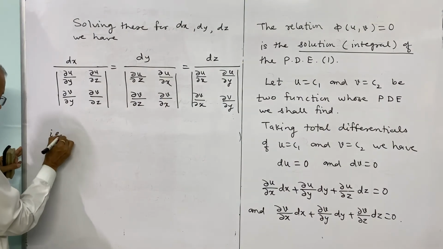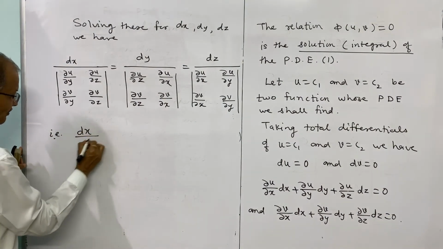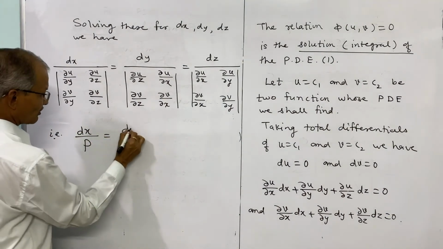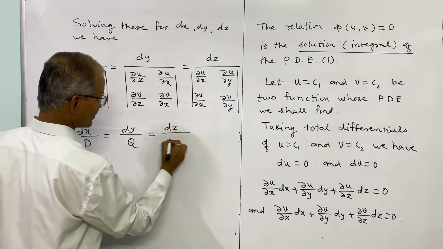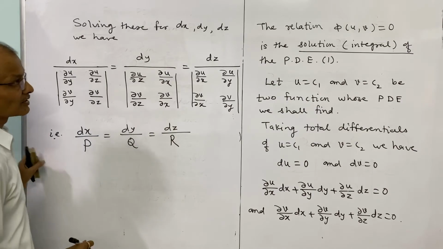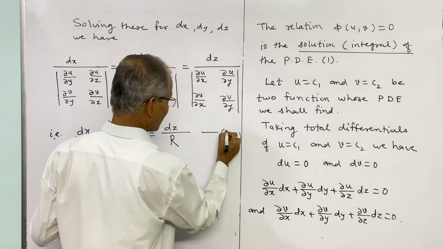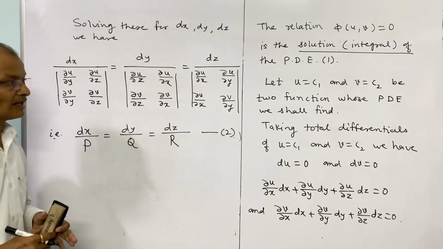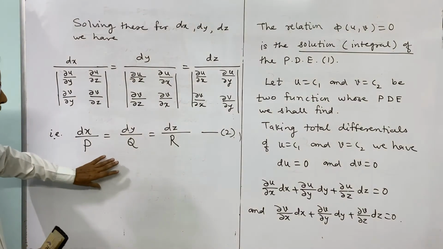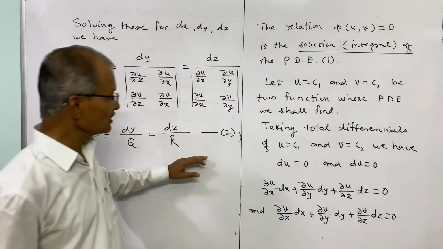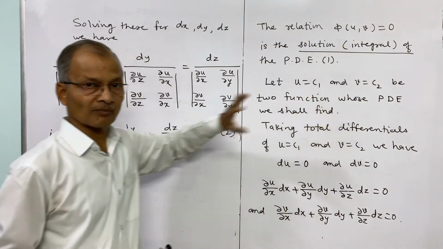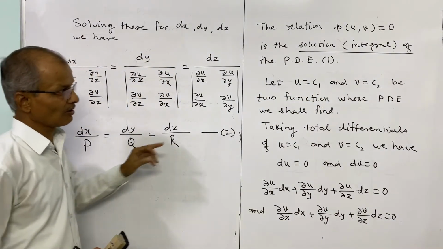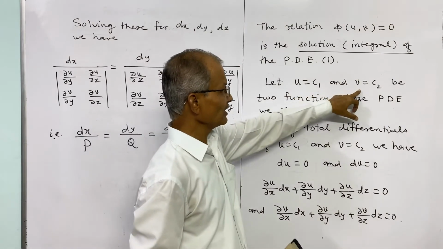That is, dx upon capital P is equal to dy upon capital Q is equal to dz upon capital R. And if we suppose this as equation 2, then this is the equation corresponding to these two functions, and this is the partial differential equation of u = c1 and v = c2.